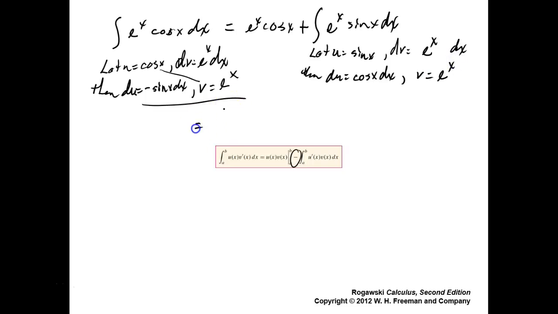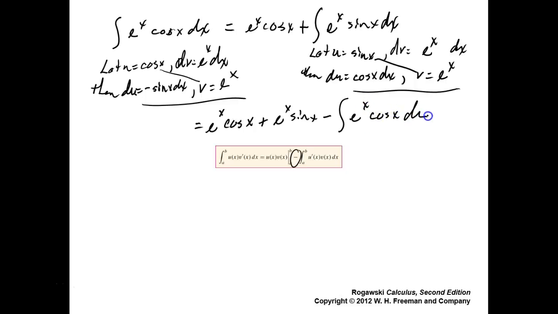Now we already had, remember, don't lose it, e to the x cosine x, right? Here we're going to have a plus, and now we do this product, e to the x sine x minus the integral of the bottom line here, and that is e to the x cosine x dx.